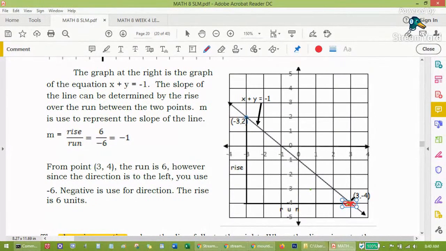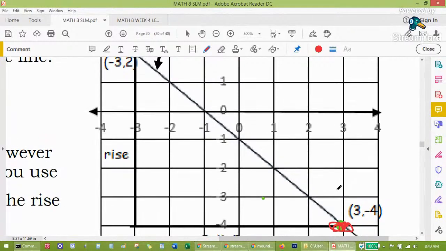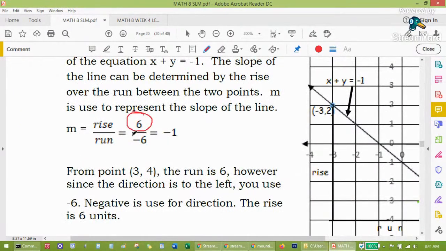Ilang beses umakyat yung point hanggang tumapat siya dito sa second point na to. Okay, so 1, 2, 3, 4, 5, 6. Pag umakyat, positive. So, positive 6. That's why ang rise niya is positive 6.